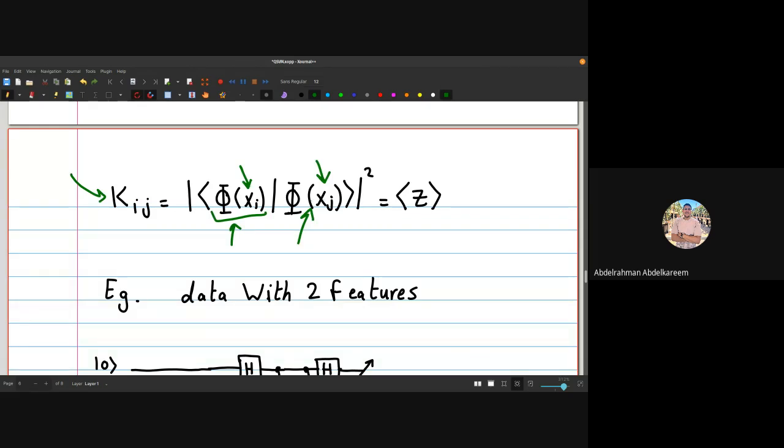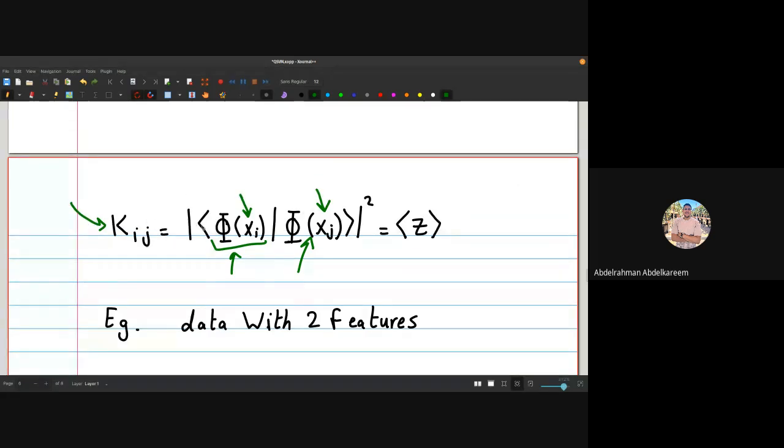Sorry for the connection. Have you heard what I have said here for the kernel part?